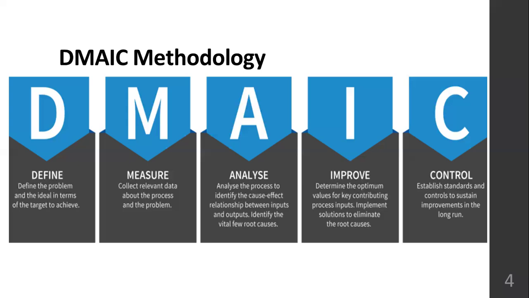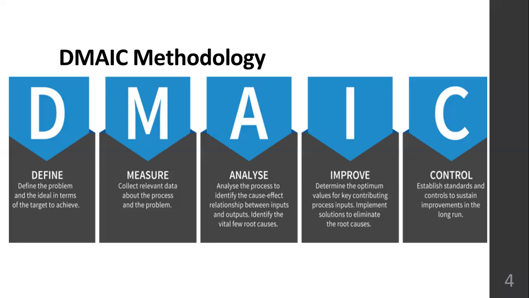So it is a data-driven quality strategy used to improve processes, and this is also a very integral part of the Six Sigma initiative. But in general, it can be implemented as a standalone quality improvement procedure as well. Without the Six Sigma name being attached, DMAIC as it is can be used as a quality improvement procedure.